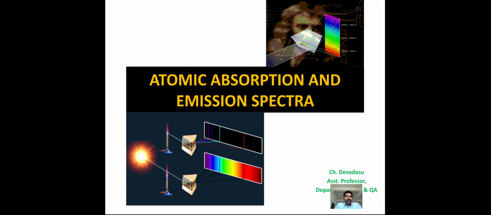I would like to explain atomic absorption and emission spectra in this video. When atoms are excited by thermal energy or electrical energy, they are going to absorb the energy as well as emit the energy.